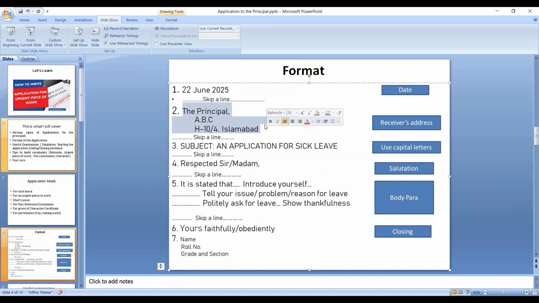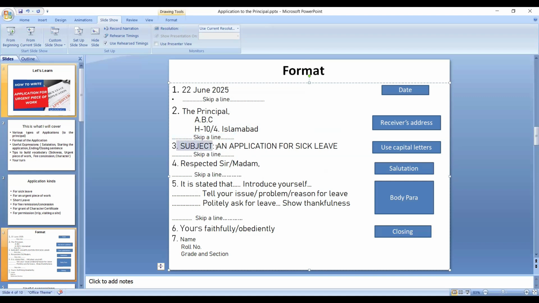Since we are learning to write various kinds of applications to the principal, in this case, the receiver is the principal. So the principal, and then it might be ABC, or you should also provide the location or the address.